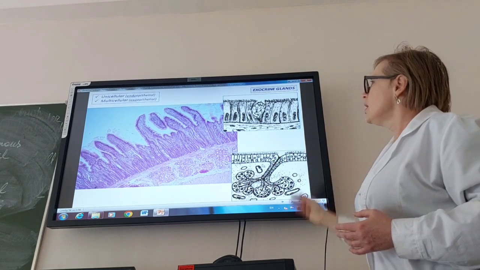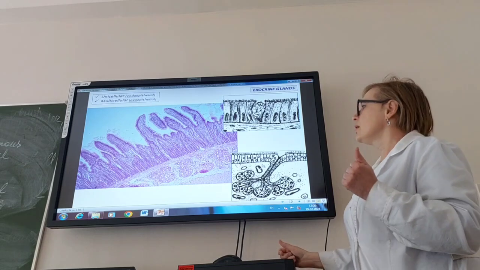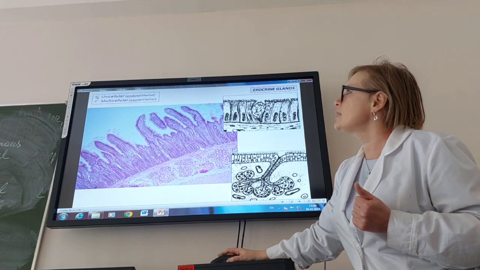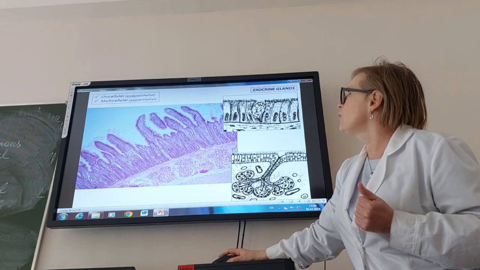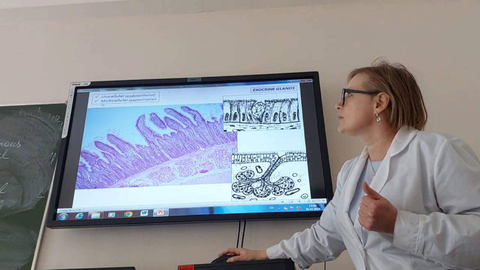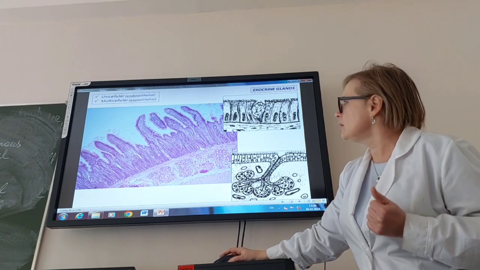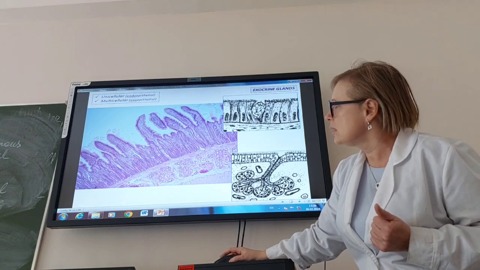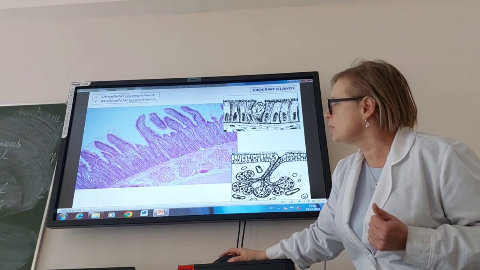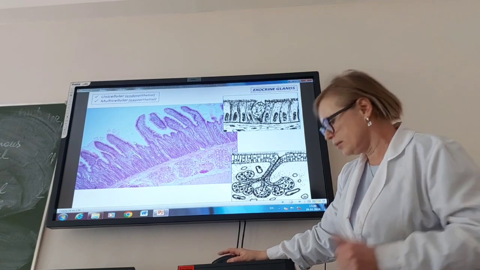So, in our organism, we can find unicellular glands, goblet cell, and multicellular glands. As here, look please, we can see these glands, the secretory part, but the duct will be open here.